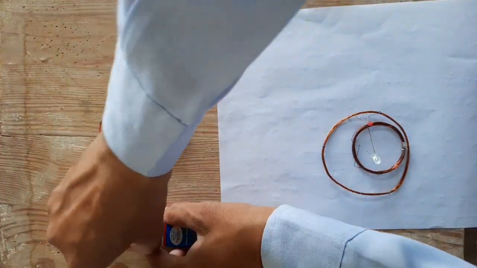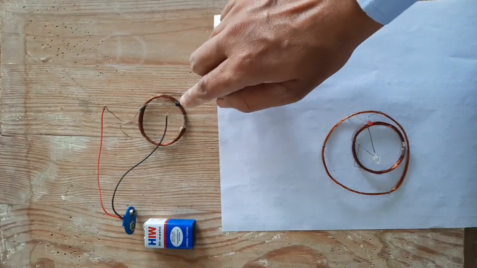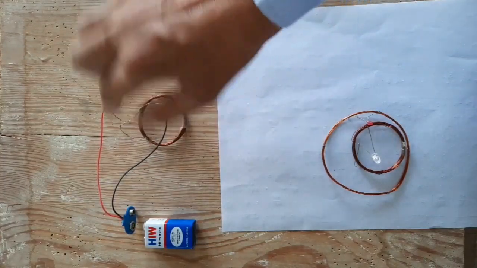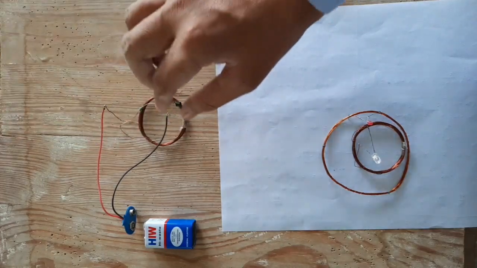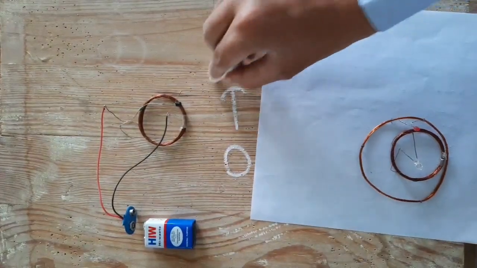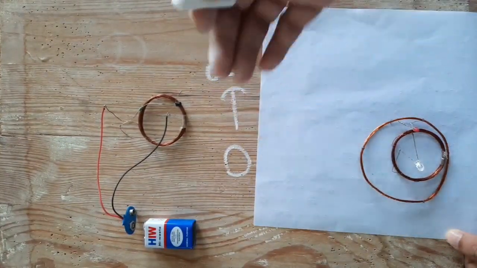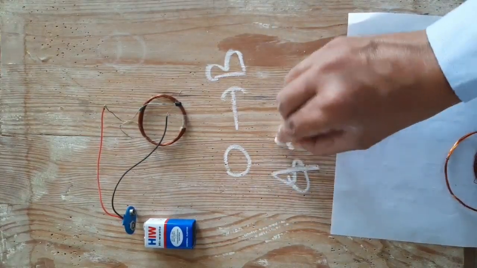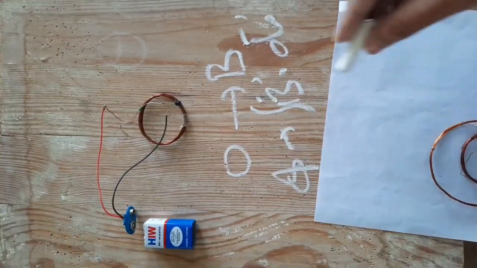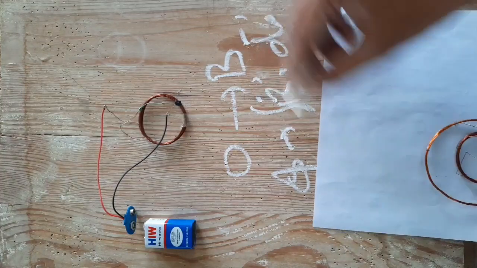Let me first disconnect it while explaining. When it switches on, current flows in this coil. That current carrying coil produces magnetic field. So magnetic field was earlier 0, and from 0 suddenly magnetic field attains some value, say B. Because there is increase in magnetic field, the flux, given as the integral of B dot dS, the magnetic flux, will also increase from 0 to some value.